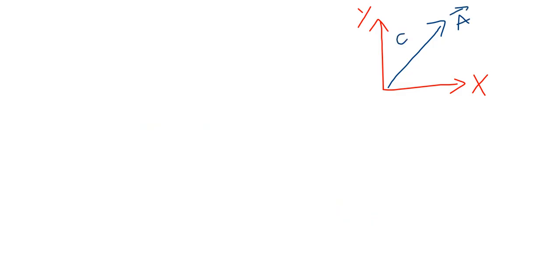The problem given is x, y, a vector a bar. How much long it is? 2 centimeter long and it is making an angle of 60 degrees with the x-axis.